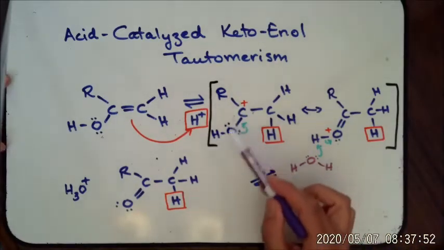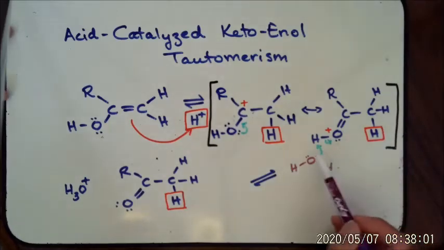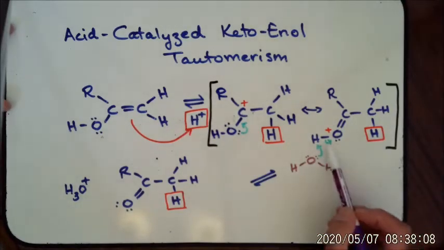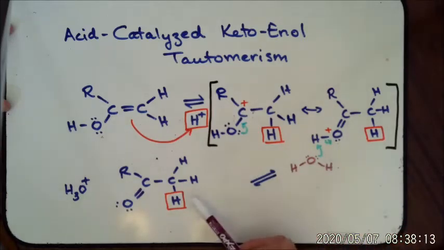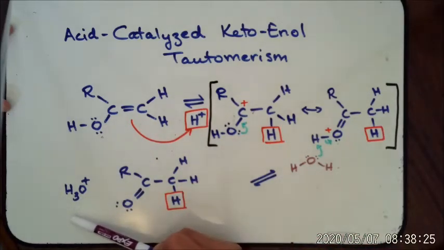So this positive charge is distributed between the carbon and the oxygen. When I look at this form, because I have a delta positive hydrogen, my water, the solvent, will take this hydrogen and the electrons go into the oxygen as a lone pair. And what I get is a keto form because I have a carbonyl here. I get a keto-enol tautomerization. And you can see I regenerate my acid back.